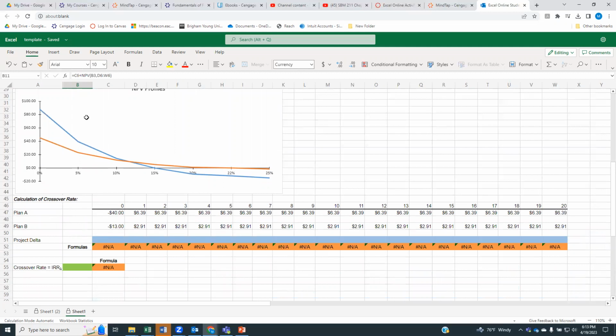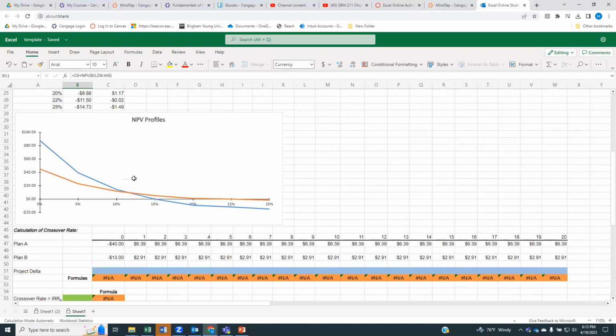So when we make a graph like this, we can probably look and see that that is somewhere between 11 and 12. I can't tell for sure, but roughly between 11 and 12%. So I would guess either 11% or 12% for my crossover.